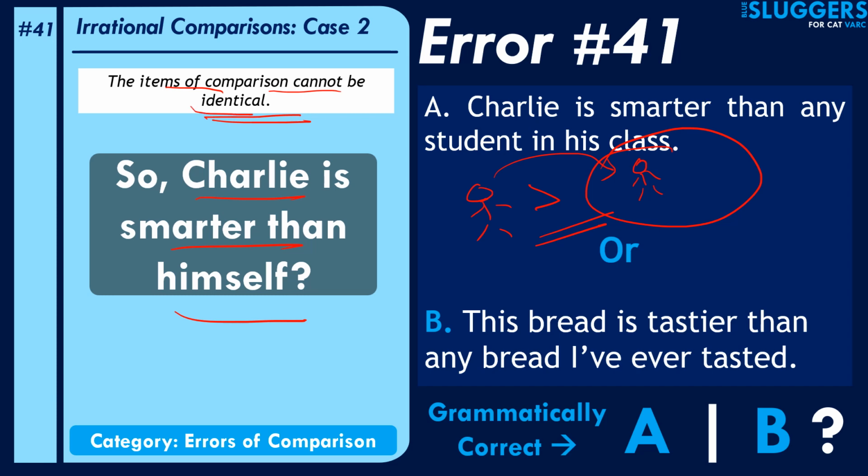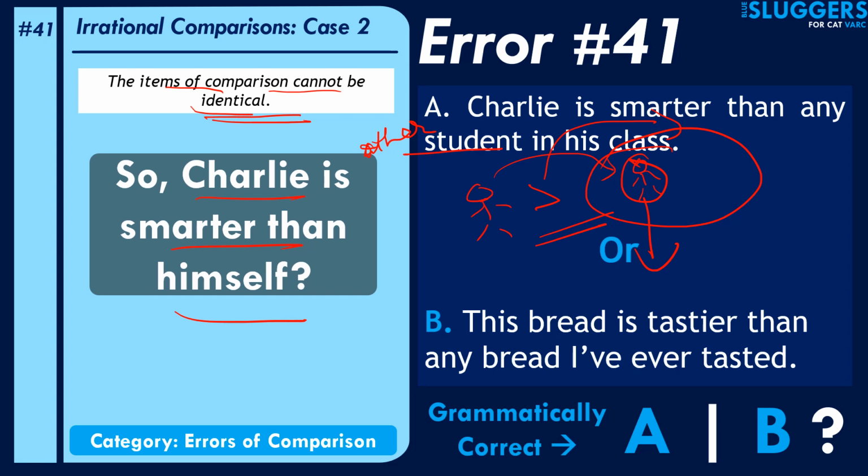That's the satisfactory requirement for comparison. So the better way of phrasing this is to use the word other here. If you change the sentence to Charlie is smarter than any other student in his class, then obviously this excludes Charlie from this set, so you're just talking about all the other students in the class.